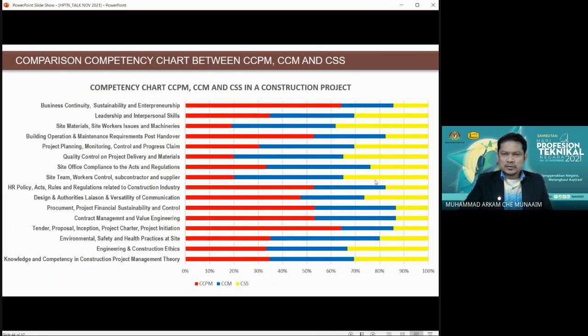The CSS will look into the site team a little bit more, about 35%. The construction manager will look into it a little bit more, but the CCPM will look into it a little bit less, because this is not their main job function, to organize the site team, workers control, subcontractors and suppliers, especially for the CCM and CSS. So this is how we read the chart.